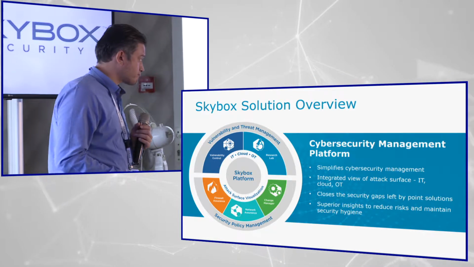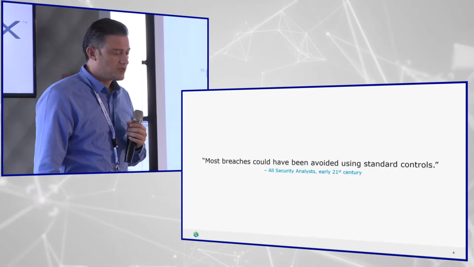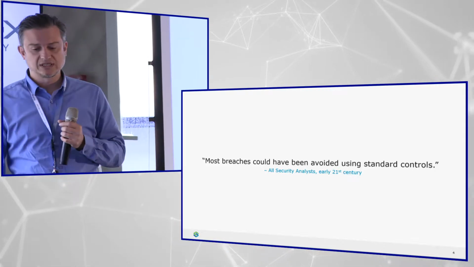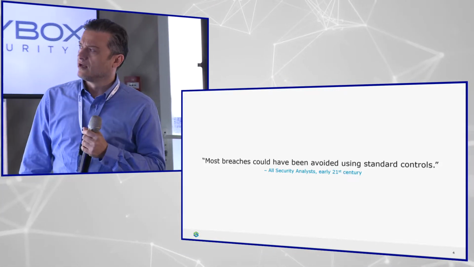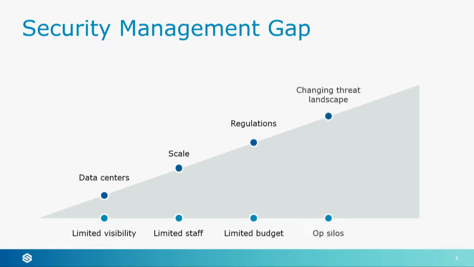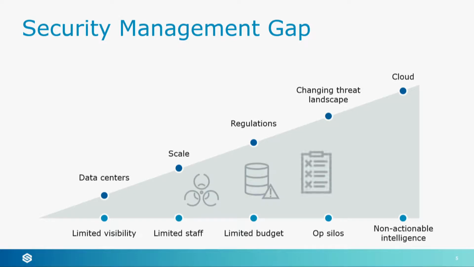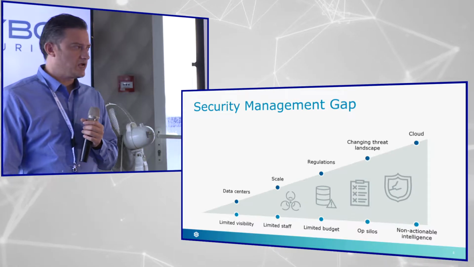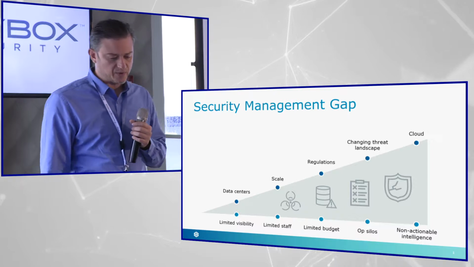A lot of reports recently say that most of our cyber incidents could be avoided by using standard security controls. But still, we are reading in the media, in newspapers, everywhere, about some new cyber security incident, like the famous WannaCry, for example. And why is this happening?